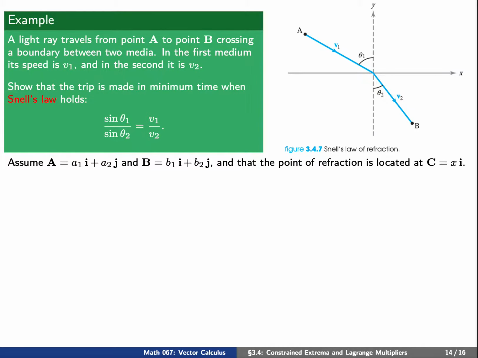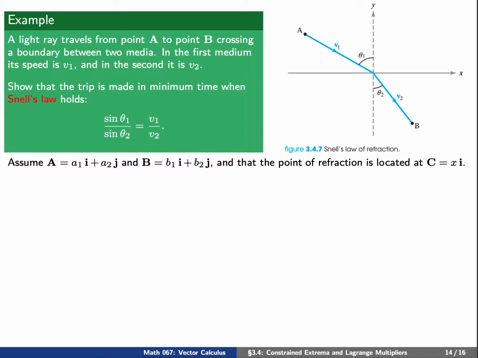In order to work this out, let's place our first point A at the position (a1, a2), and let's place our second point B at the position (b1, b2). Let's say that it crosses the boundary between the two media at some point on the x-axis, which we'll call point C, and we'll denote this as (x, 0).